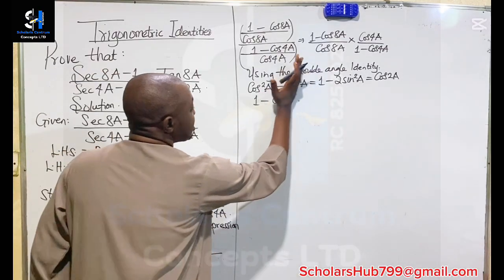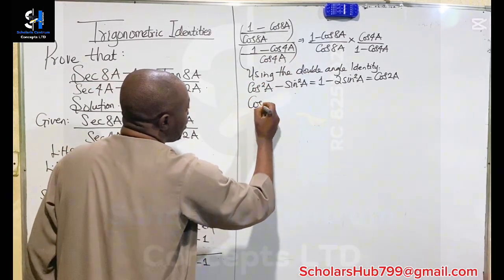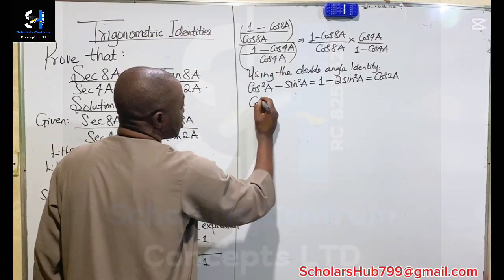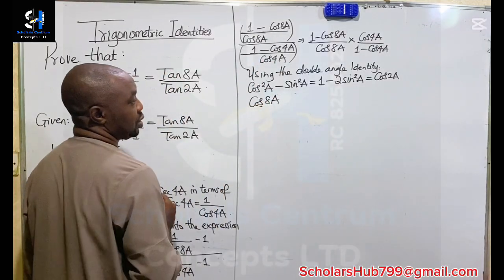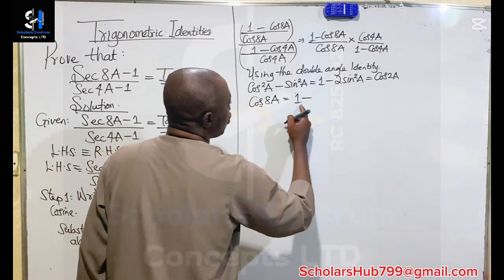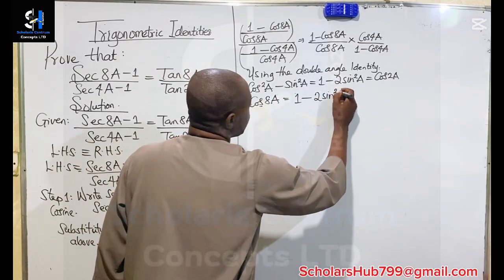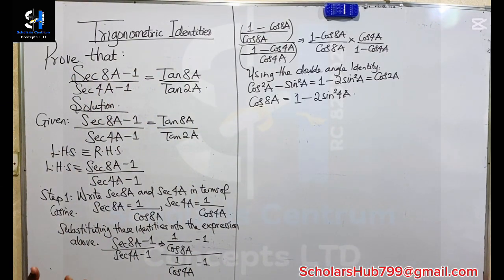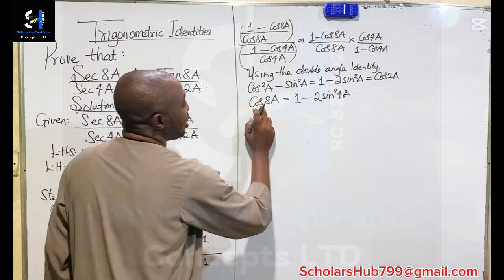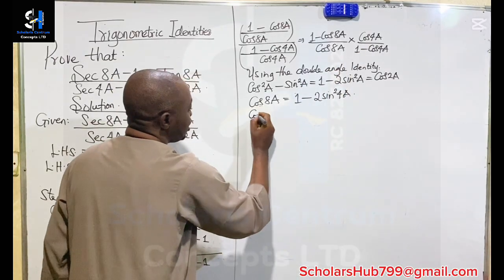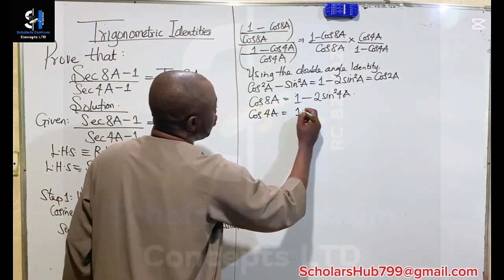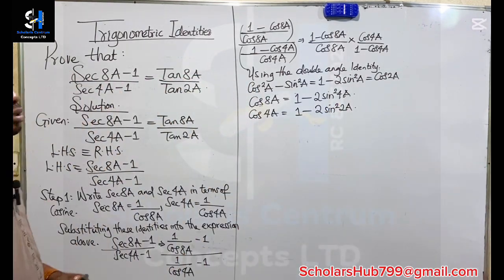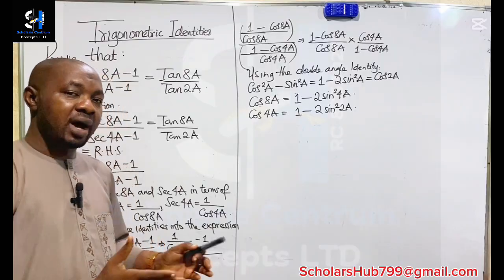So cos 8a will be equal to 1 minus 2 sine square 4a. That's the logic. Similarly, cos 4a will be equal to 1 minus 2 sine square 2a, if you understand the double angle identity.